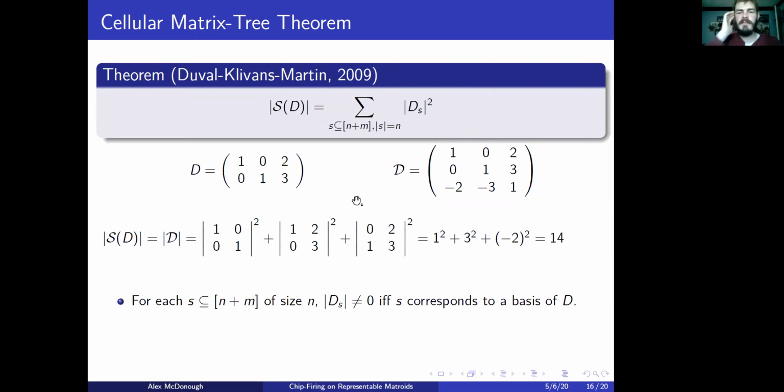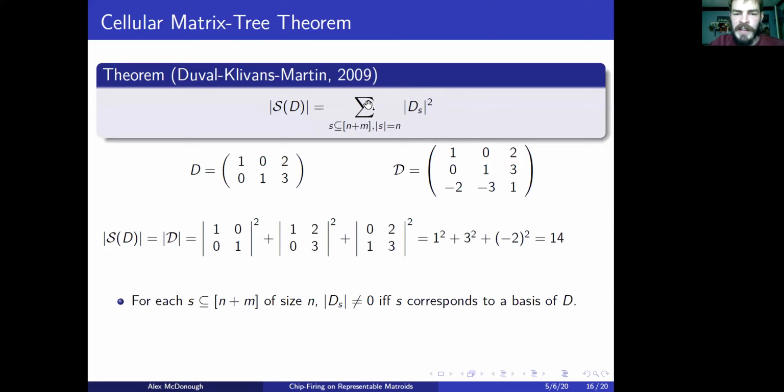Something else that we can note is that these Ds's are either going to be a basis of D if they're linearly independent, or they're going to be linearly dependent, in which case their determinant is going to be 0 and they're not going to add anything to our sum.